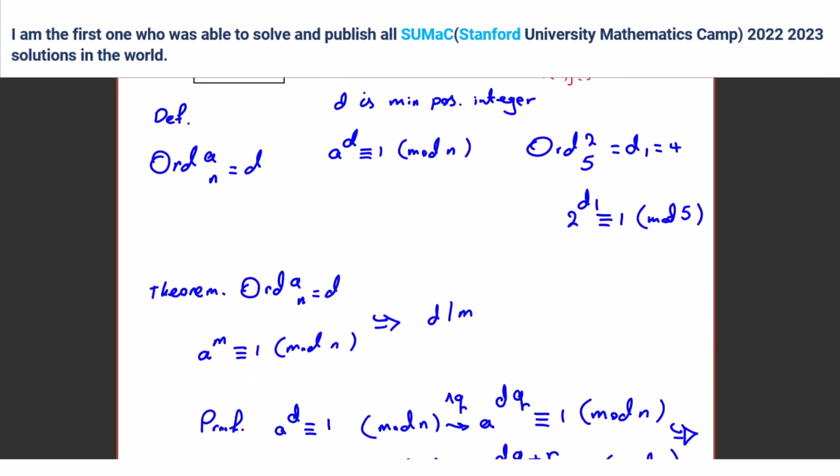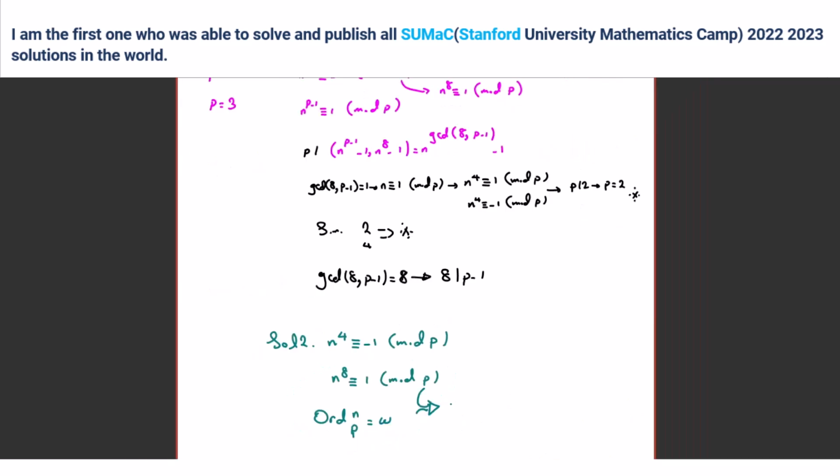Since n to the 8 is 1 mod p, W divides 8. So W is 1 or 2 or 4 or 8.